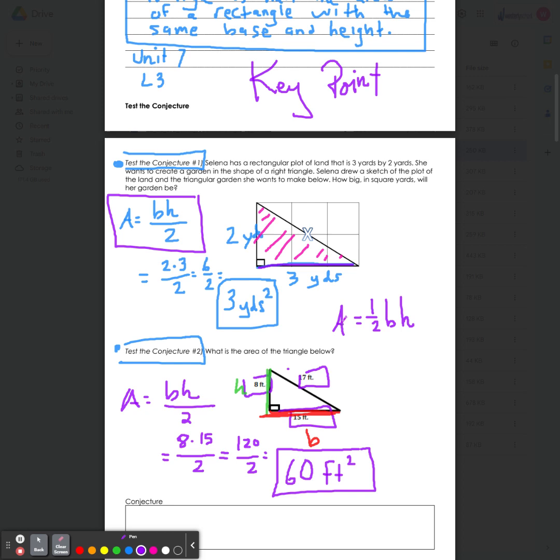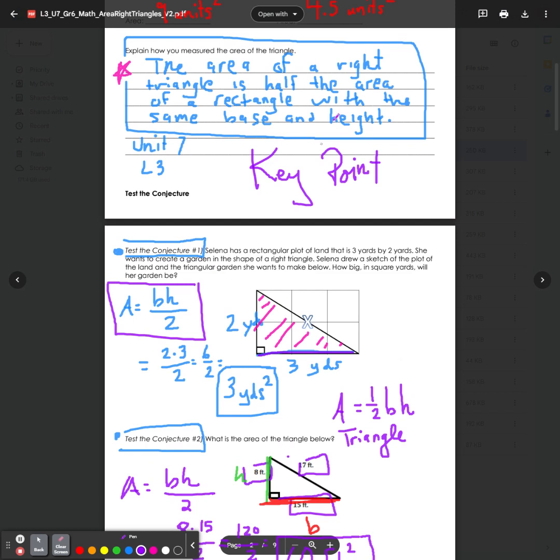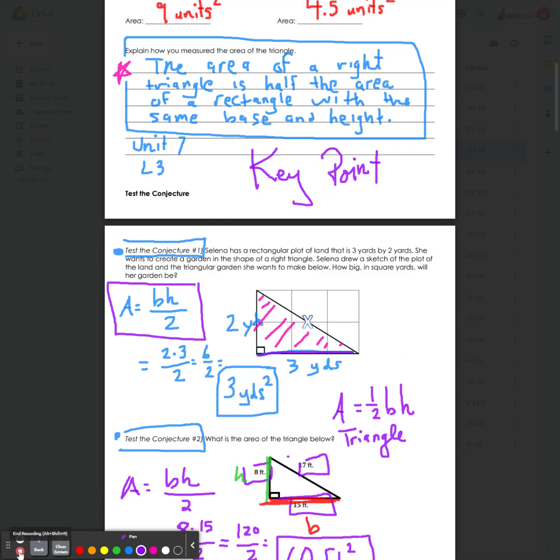And that'll give you the area for a triangle. So somewhere in your notebook, please have down this formula on how to find the area of a right triangle, which is half of base times height. Have either tested conjecture number 1 or 2 in your notebooks. And last but not least, make sure that you have this key point. Great. Let's move on to the classwork for today.